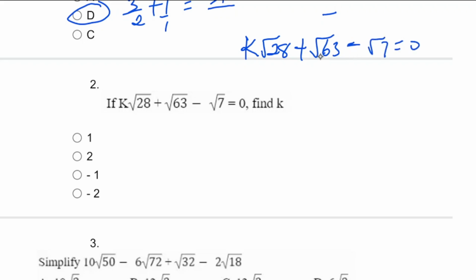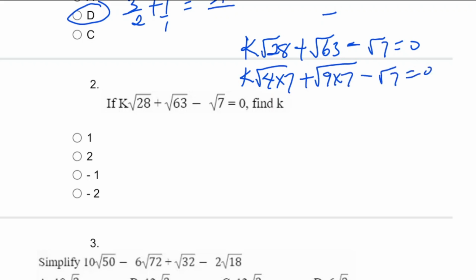We're going to simplify each of the roots. 28 we can write as 7 times 4, which gives us 28. 4 is a perfect square. That means we have k root 4 times 7, plus root 63, which is 9 times 7, minus root 7 equal to 0.